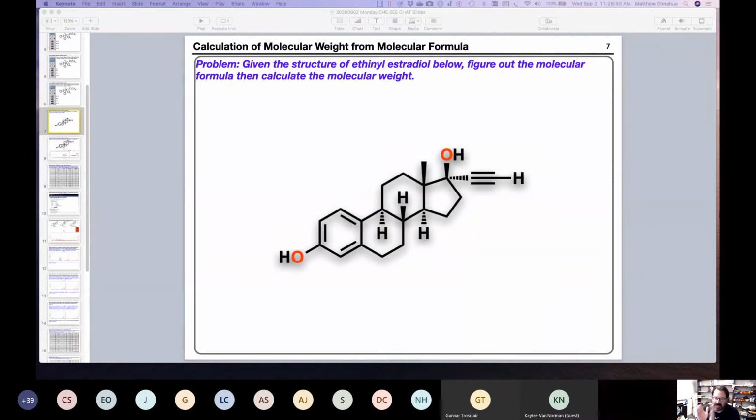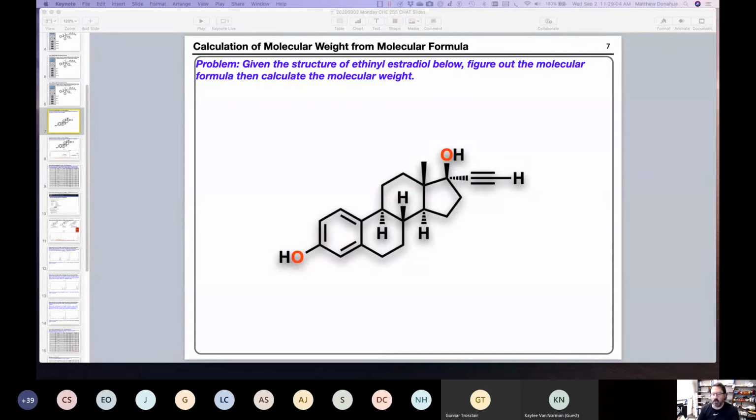So in essence, everything that you just did was the concept behind mass spectrometry. Mass spectrometry is simply an instrument that will tell you the mass of a substance. So it's where you get the data.